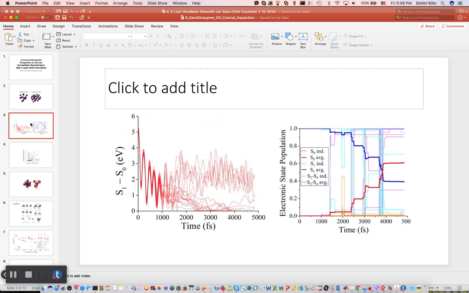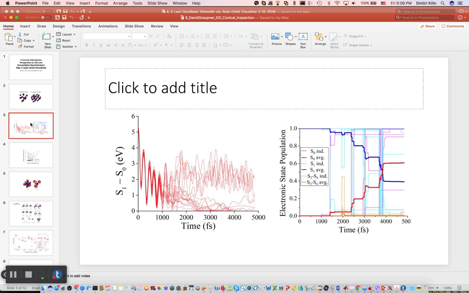Tell us why you produced this left figure and what is it supposed to tell us? What this left figure is telling us is the energy difference between the excited state and the ground state as a function of time. So is this a single calculation?